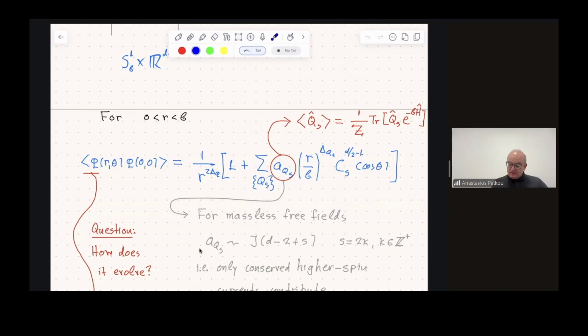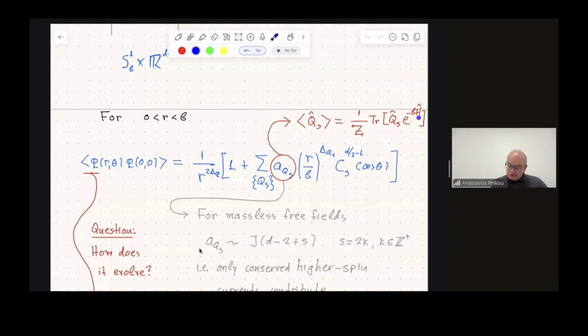Now, the first thing I would like to emphasize is that this is a thermal field theory. So these coefficients here, in principle, they should be thermal averages of some operators. So there should be, in principle, a way to write them in the usual way as thermal averages.